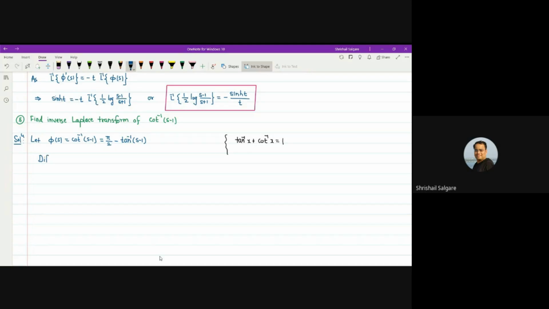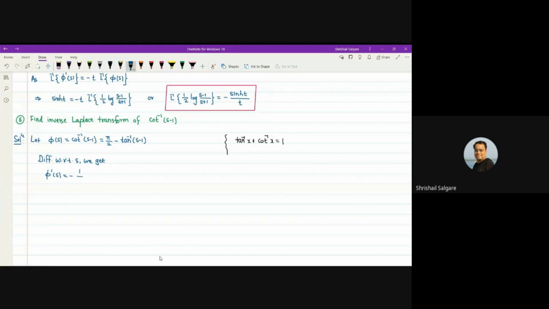If yes, then differentiate with respect to s. Then you will get, what is the differentiation of phi? We denote it as phi dash. Just a minute, and because of the outside sign, it will become phi dash of s is equal to minus as it is.